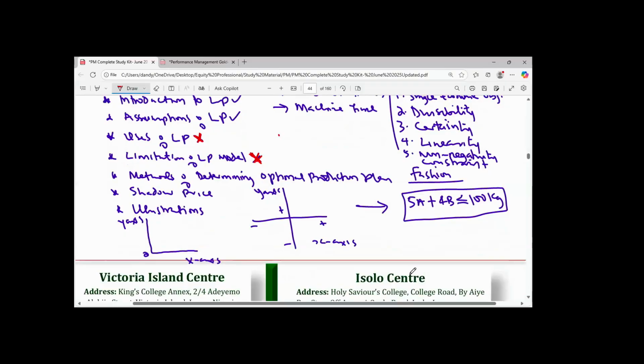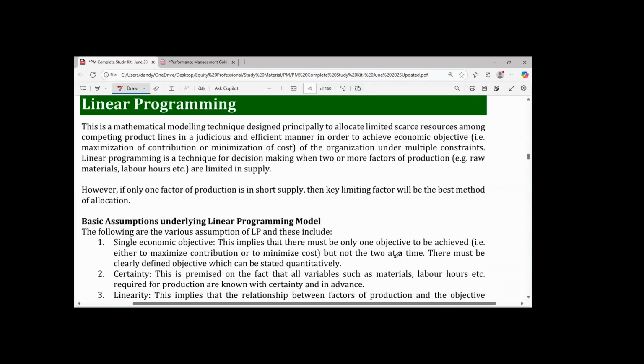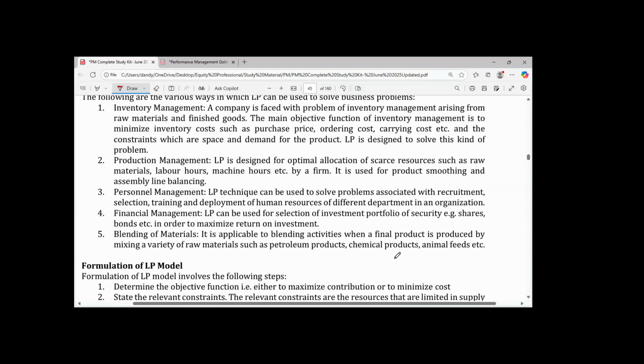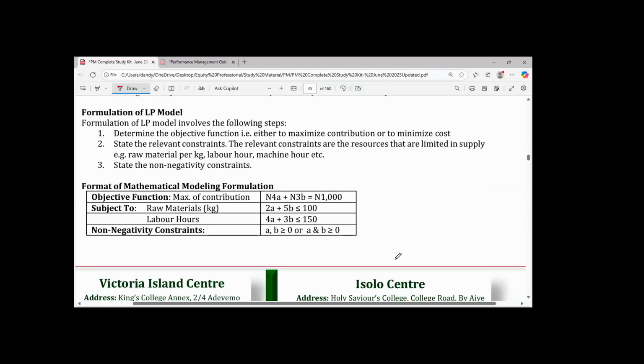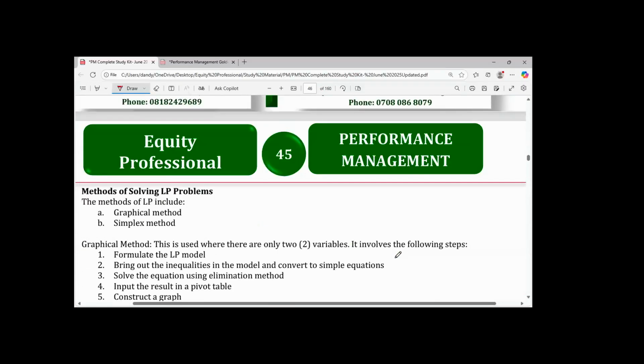Basically, there are two methods of determining optimal production plan. We have the graphical method. We also have the simplex method. Simplex method is no more, it's not in your syllabus. For the graphical method, when you have only two variables, that's when you use the graphical method. Say, for example, you can be given product A and then product B. These are two variables.